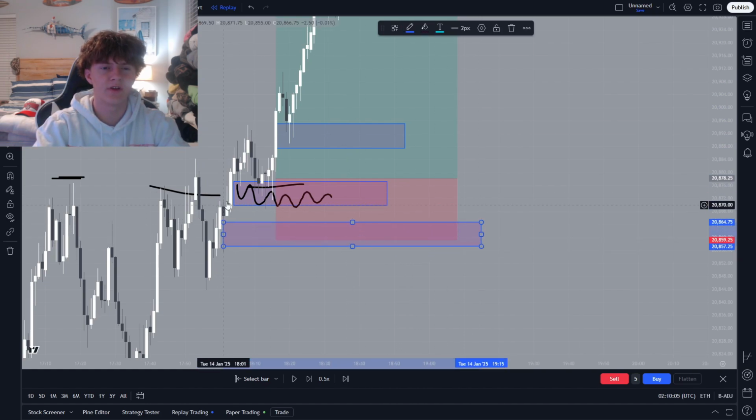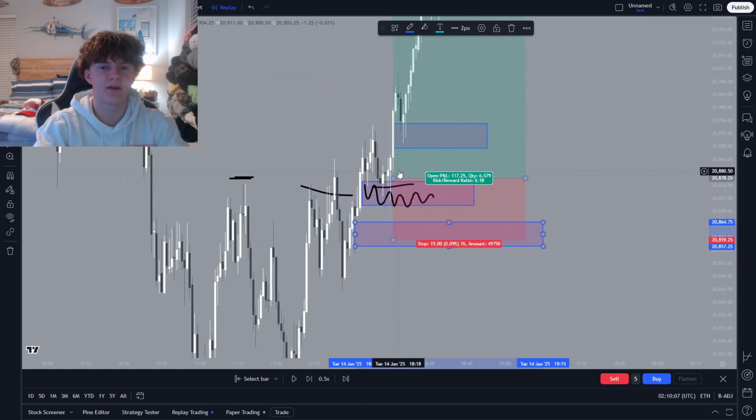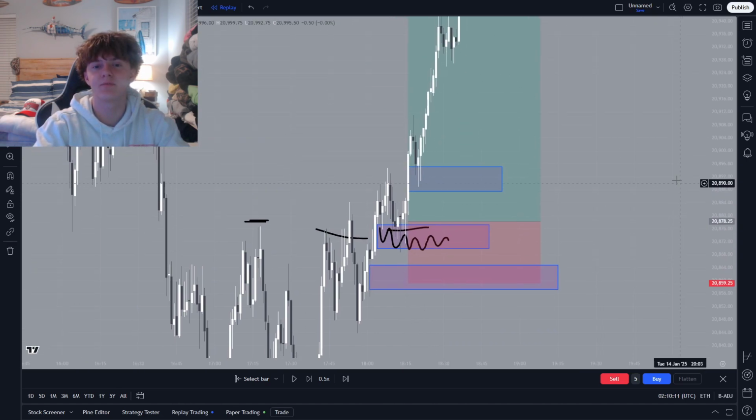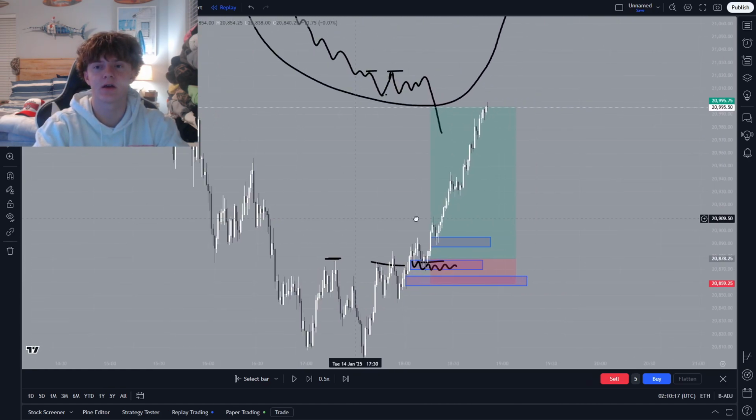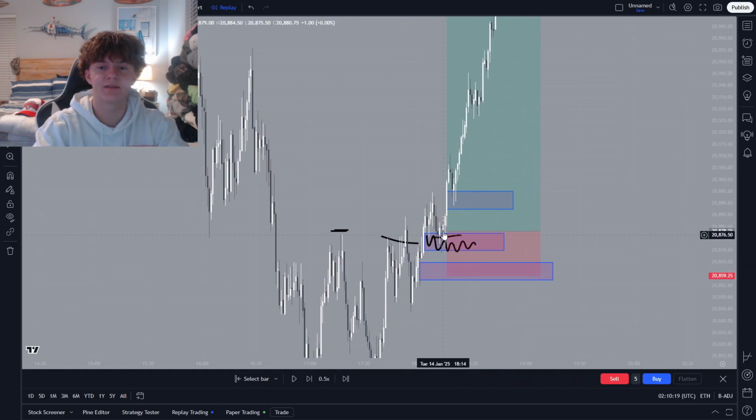Obviously, there are no real fair value gaps to look at, but if we tested below this and kept creating new lower lows, price can move a little bit higher, but it still wouldn't have broken this downtrend. But since we did go up and test into this fair value gap, we entered in here, and our stops would have been probably down here a little bit.